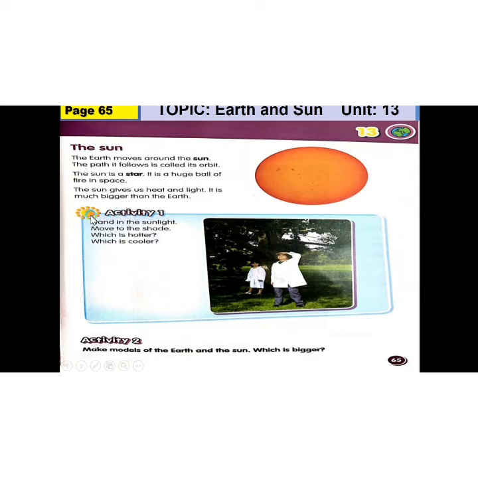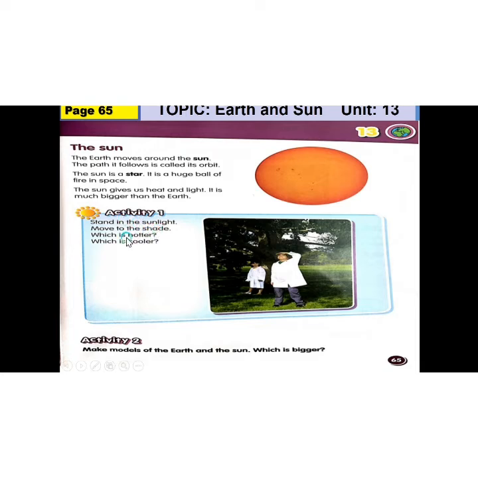Okay? Good. So you're going to carry out this activity. You're going to stand in the sunlight. You stand under the sun. After you stand under the sun, then you move to the shade. The shade means where you don't have sun. Maybe you can go back to your room. Alright, when you stand outside the sun for a few minutes, then you can go back to your room.